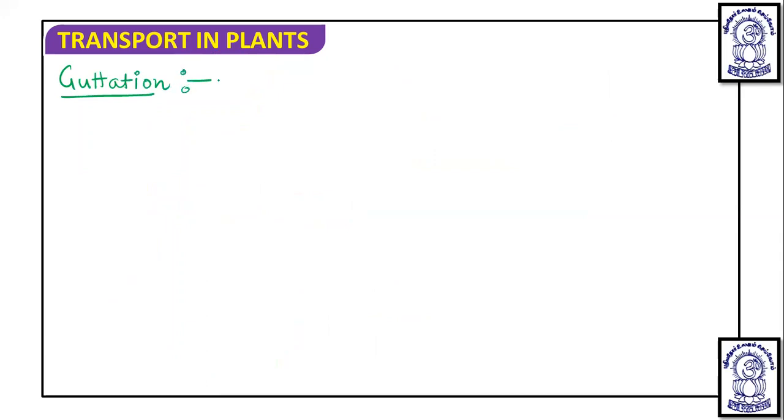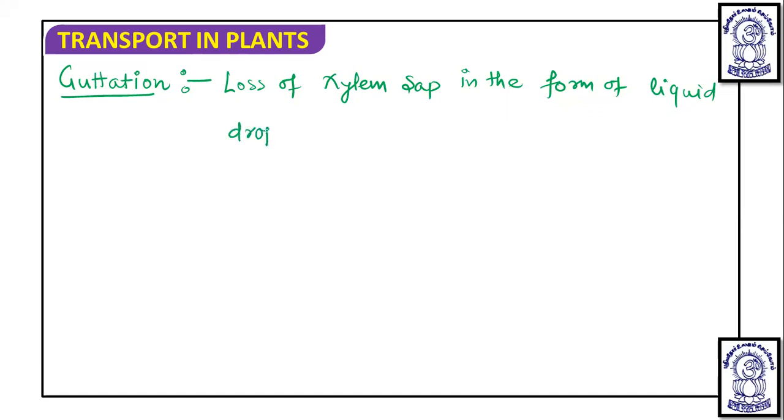Guttation is known as the loss of xylem sap in the form of liquid drops from the uninjured margins of leaves.